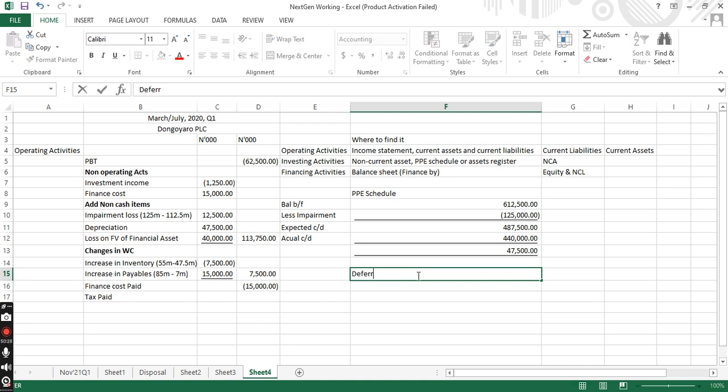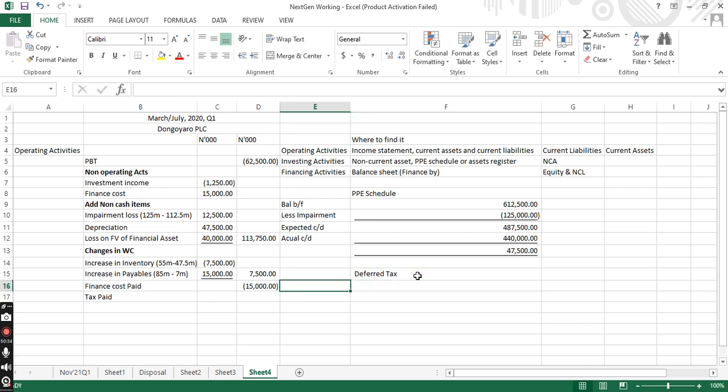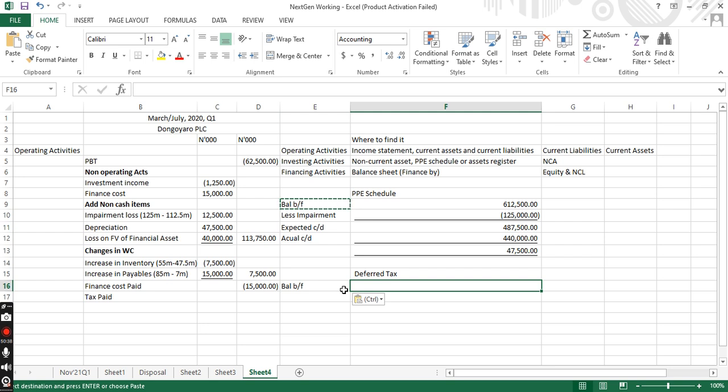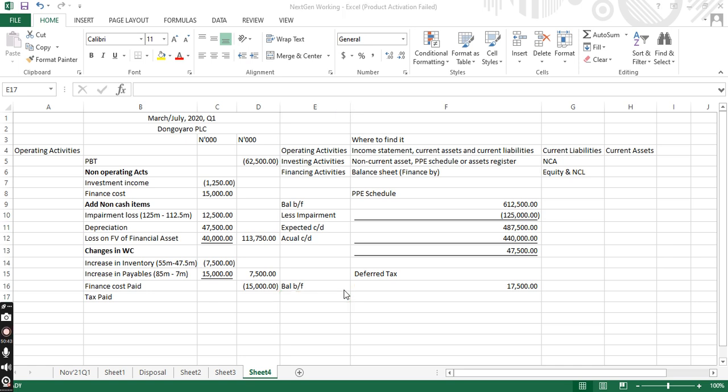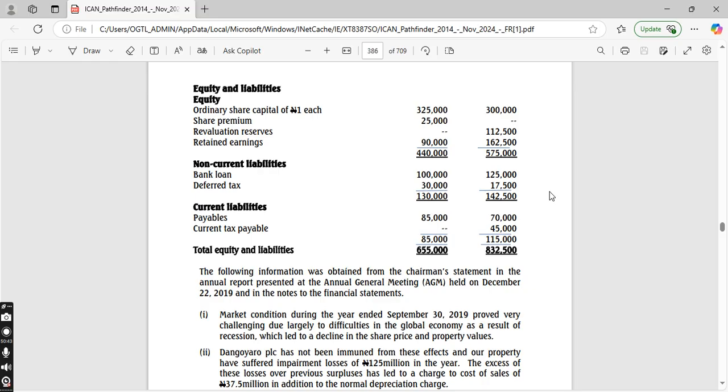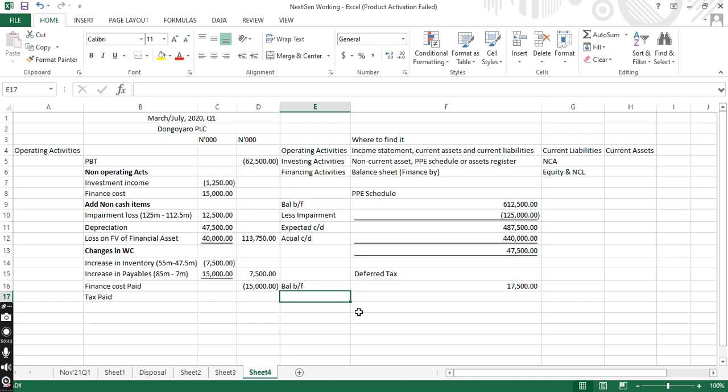Deferred tax. I'm not using T format though. So deferred tax balance brought forward is how much? 17,500 in the balance sheet, right? Now, do we have any tax for the year? No.